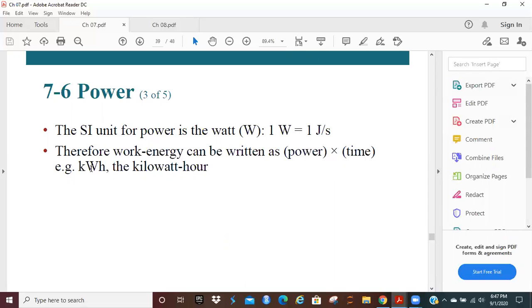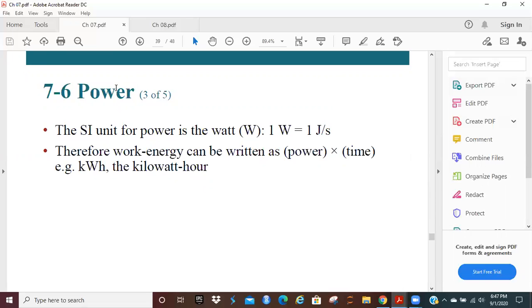In other words, a kilowatt hour. Do you pay your electric bill? Yes. Okay. So you probably see on your electric bill, or you can look at it the next time you do, the number of kilowatt hours that you've used.